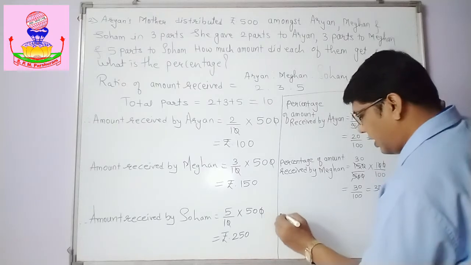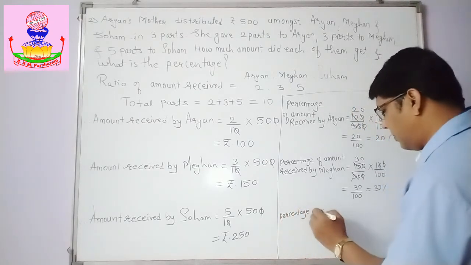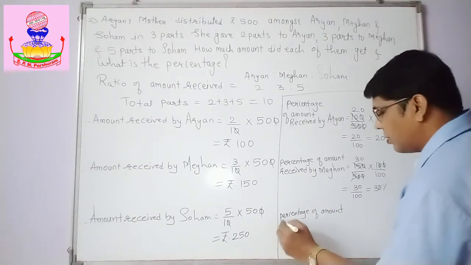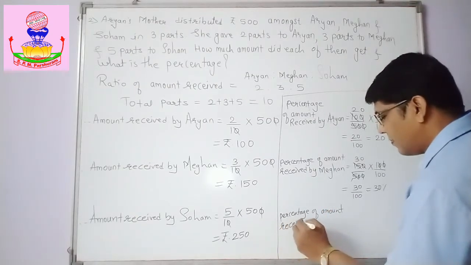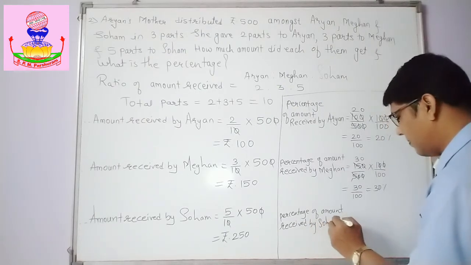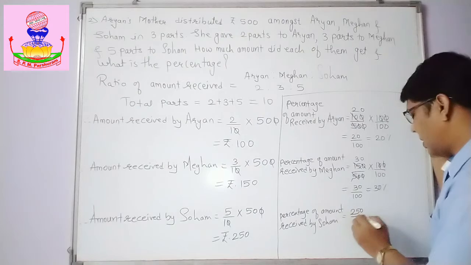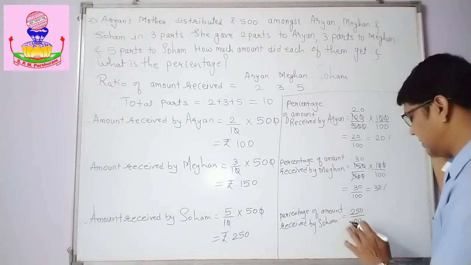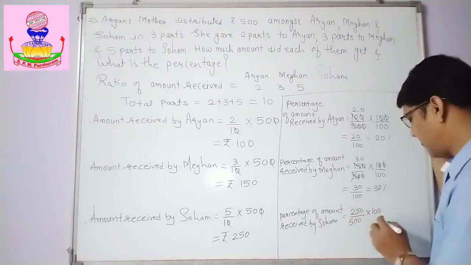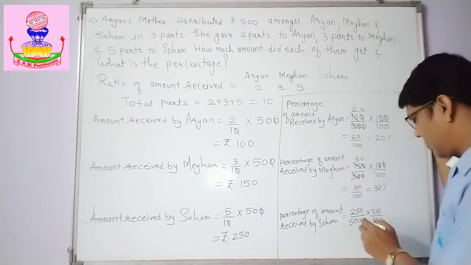Okay, and the percentage of amount received by Soham. How much was it? He received 250 upon 500 into 100 upon 100, right?